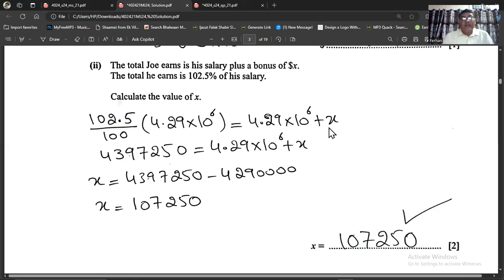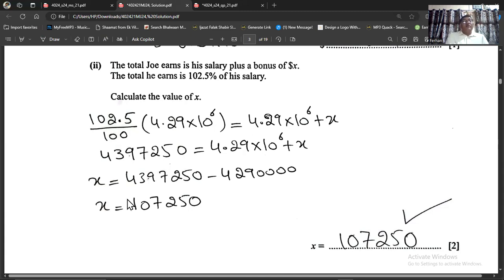plus x. So when you enter this in your calculator, what you will write is 102.5 divided by 100 multiplied by 4.29 x 10^6, and that equals 4,397,250, which equals 4.29 x 10^6 plus x. So this will go to the other side, it will be subtracted.